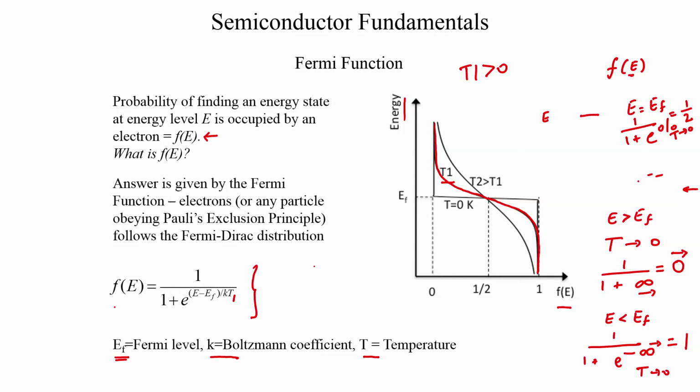So, what does this say? As E goes much less than Ef, the exponent in 1 by 1 plus e to the power E minus Ef becomes a significantly negative number.